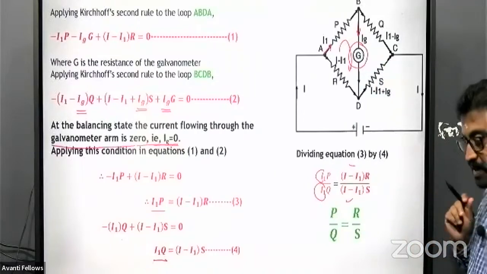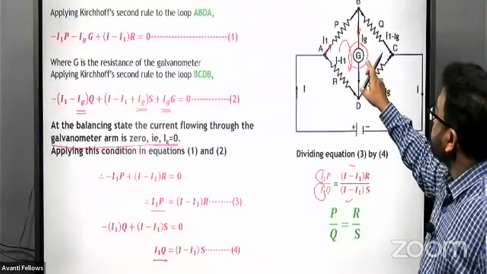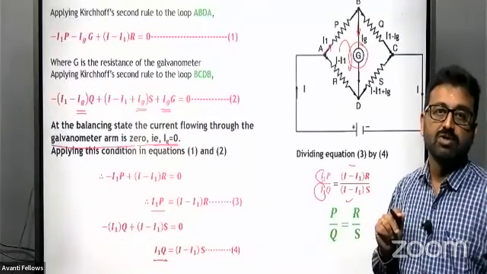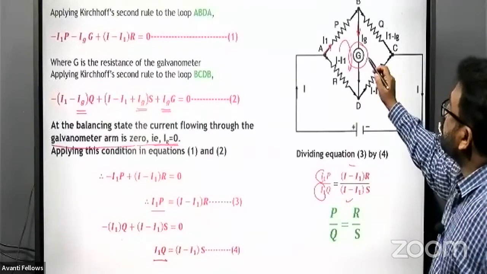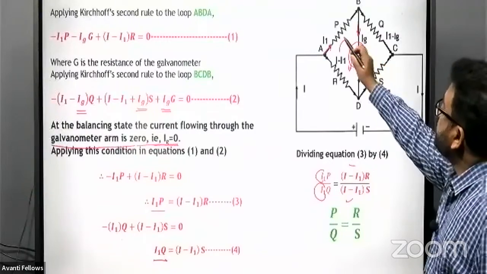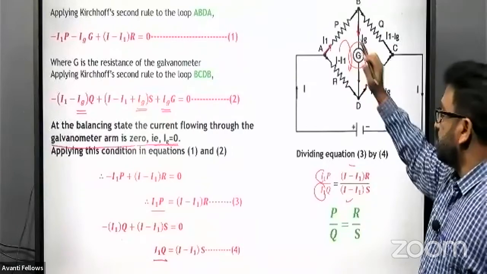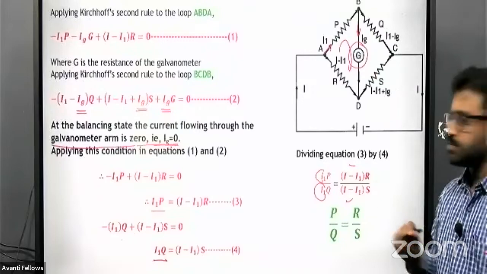So a question arises: if we calculate the conditions when no current is flowing through the galvanometer, then what is the use of the galvanometer there? The use of the galvanometer is to adjust the values of P, Q, R, S to make the reading in the galvanometer 0.